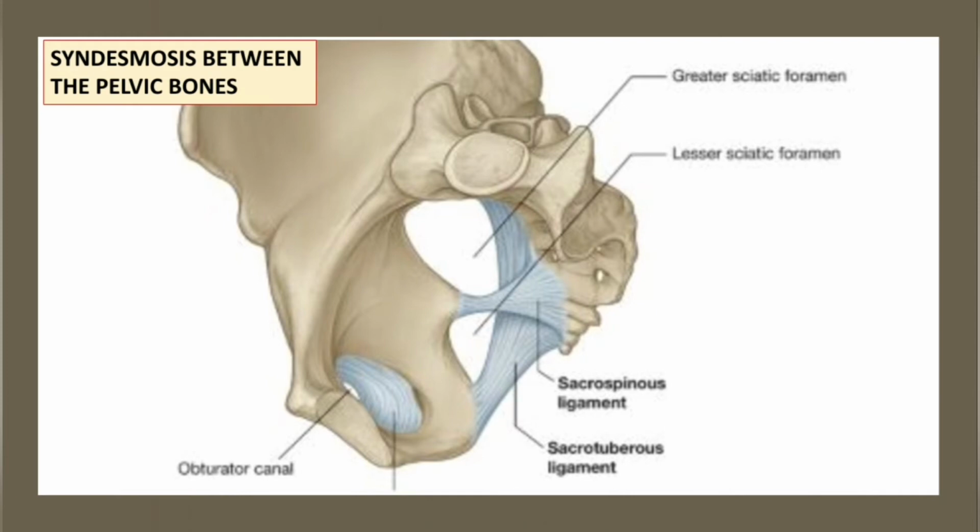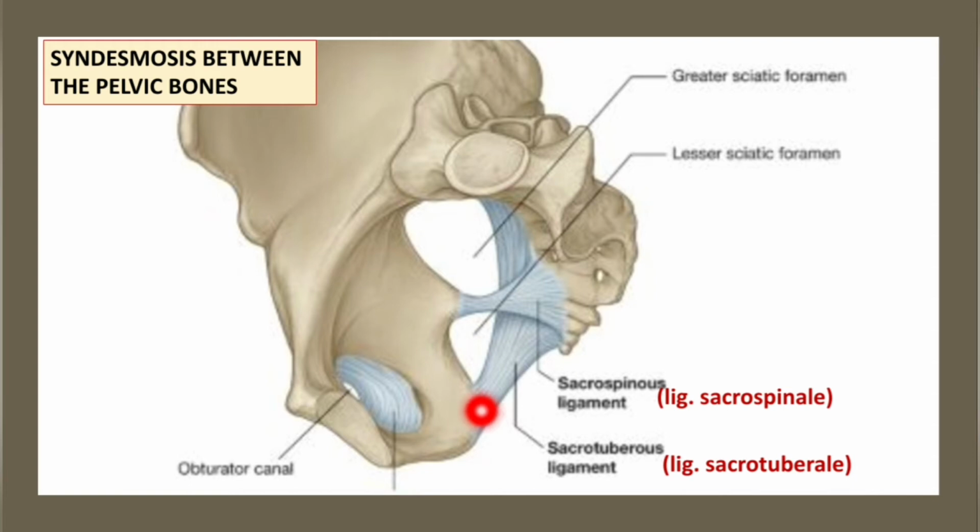Right, so these are syndesmosis between the pelvic bones. Firstly here you can appreciate a ligament from the sacrum to the ischial spine. It's called the sacrospinous ligament, ligamentum sacrospinale. And the next one is this ligament from the sacrum to the ischial tuberosity. It's called the sacrotuberous ligament, ligamentum sacrotuberale.